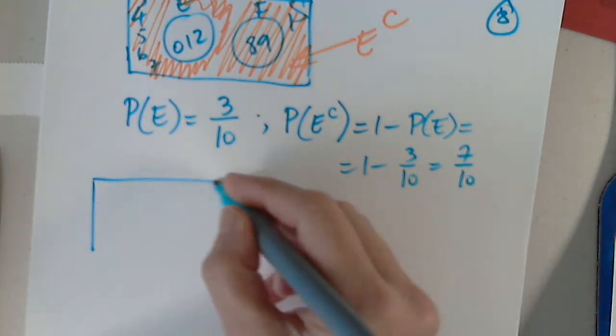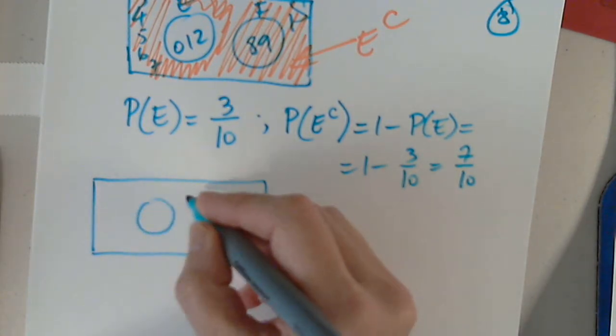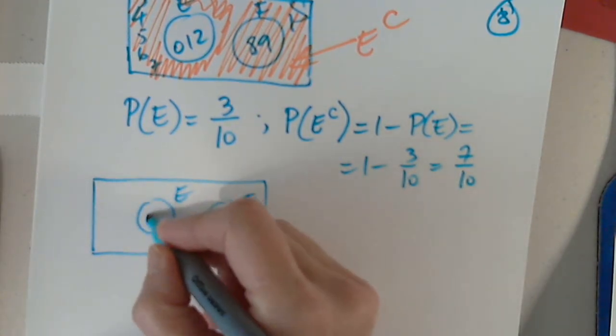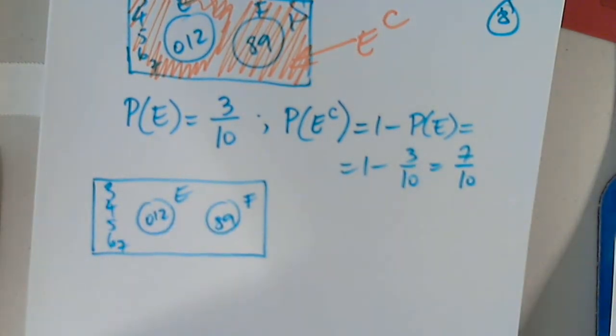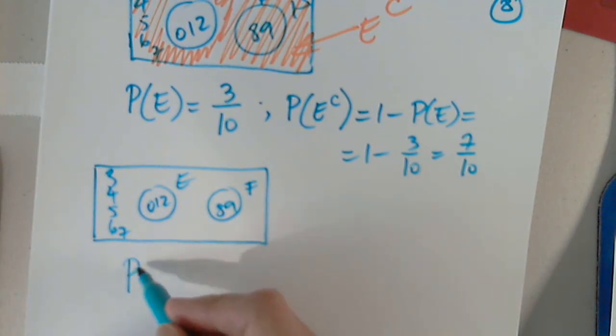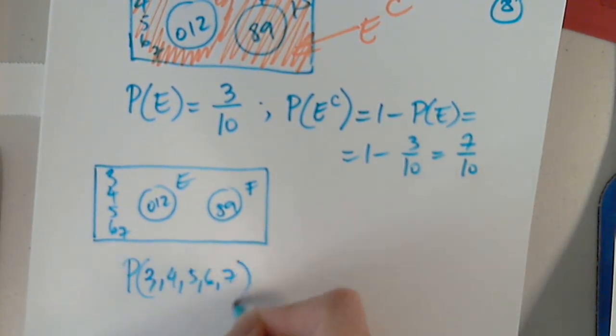What if now I want to determine the probability of 3 or 4 or 5 or 6 or 7? What will that be?